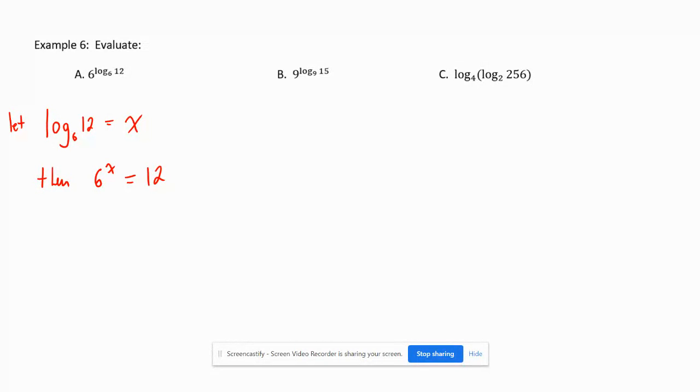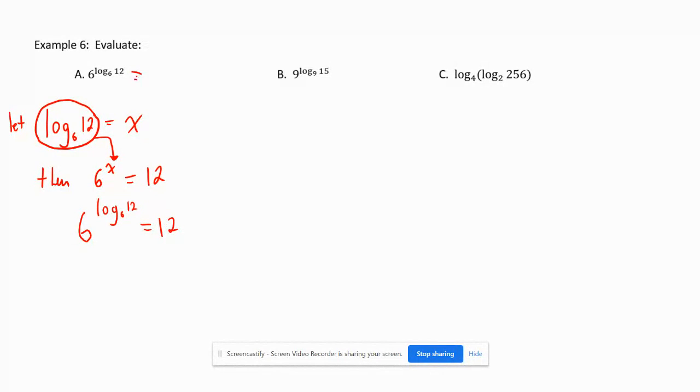Here's a weird step: we're substituting a function almost into itself. If I have 6 to the x equals 12, and log base 6 of 12 equals x, I'm going to make this replacement. Log base 6 of 12, which is equal to x, goes in for x here. The result is 6 to the log base 6 of 12 equals 12.